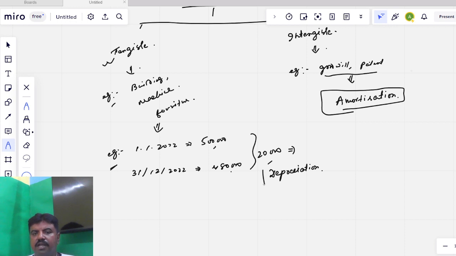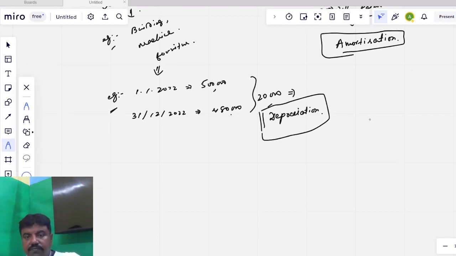More or less, depreciation and amortization are the same, but the term depreciation we use in case of tangible fixed assets, and amortization we use in case of intangible fixed assets.